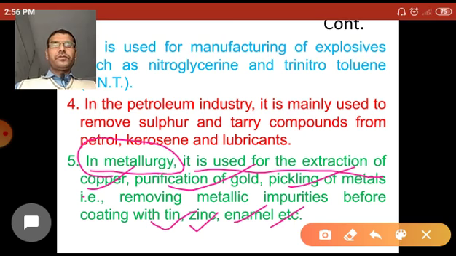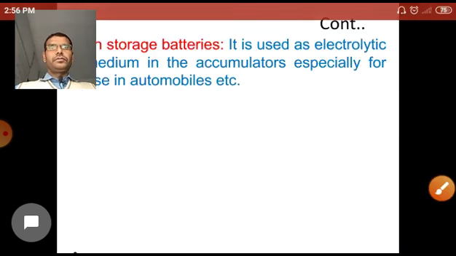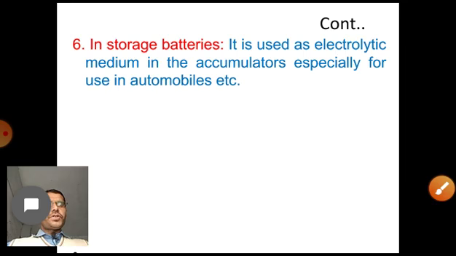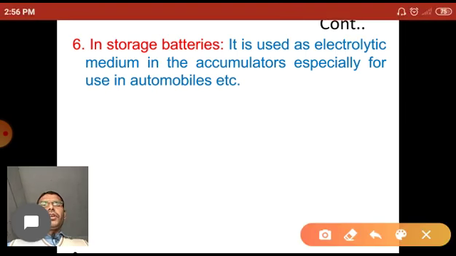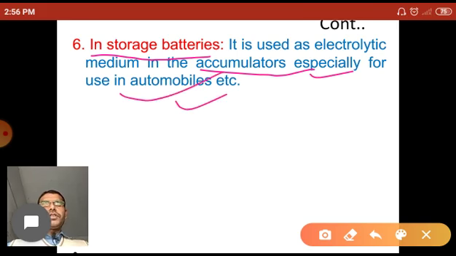Now the next use of sulfuric acid is in storage batteries. It is used as the electrolytic medium in the accumulator, especially for automobile batteries, etc.